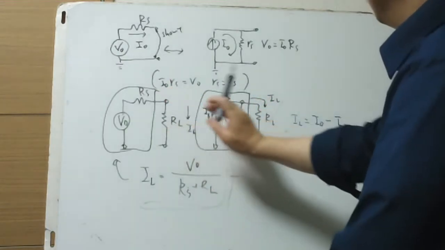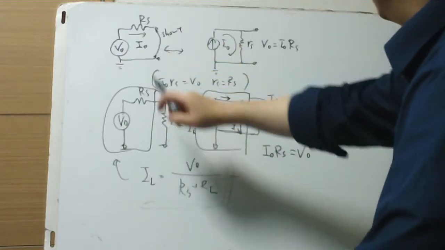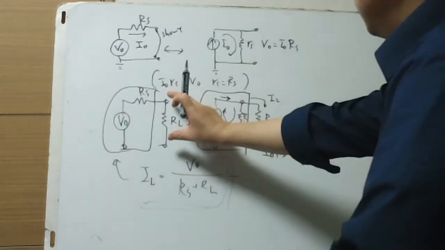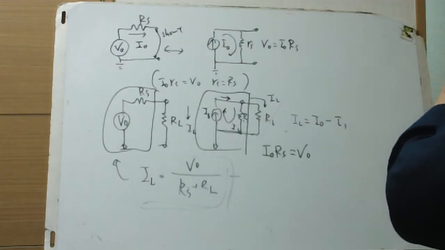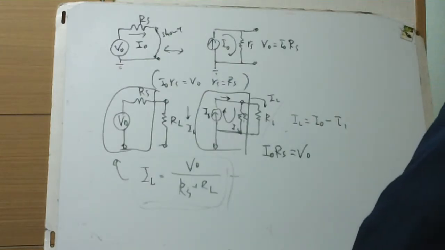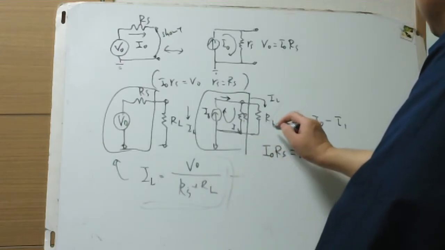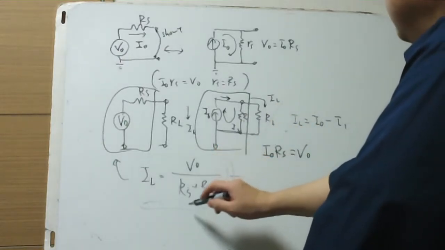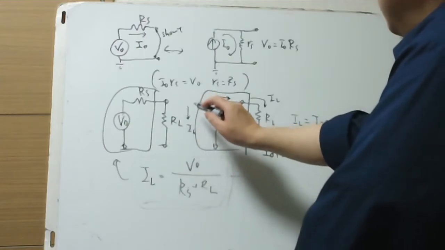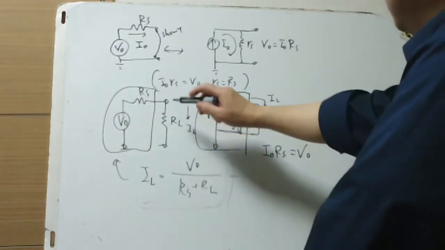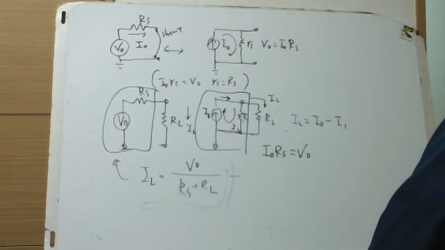Of course, this is the same, this is the same, but adding RL, if RL is infinite, we have IL infinite.